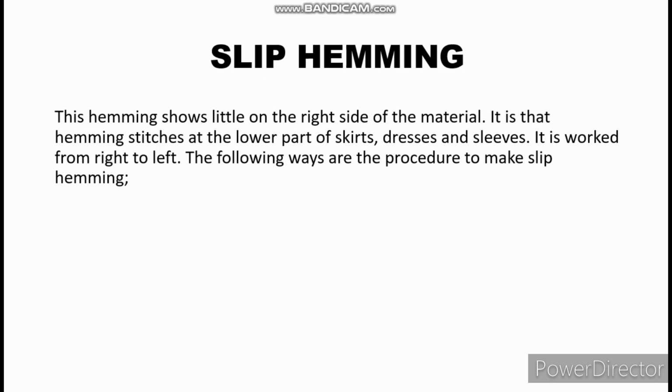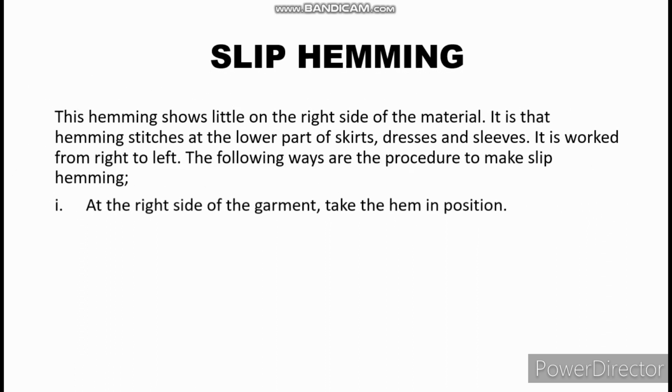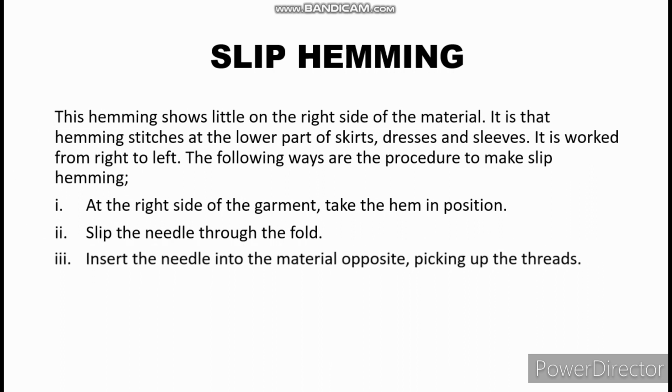The following ways are the procedures to make slip hemming. 1. At the right side of the garment, take the hem in position. 2. Slip the needle through the fold. 3.